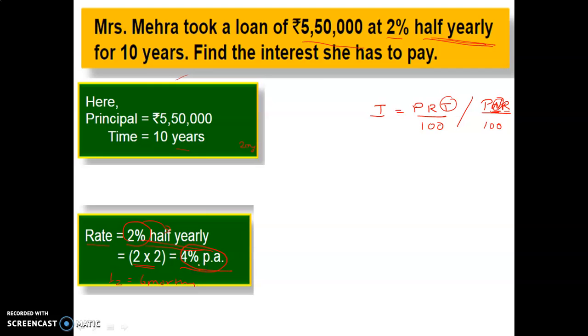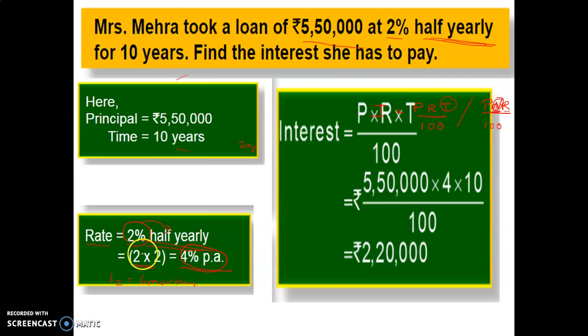Is it clear, children? So they calculated the interest using the formula PRT by 100: P is 5,50,000, R is 4, not 2 as given in the question. Hope you understood why it has been changed from 2% to 4% here. Into 10 years divided by 100. Then simplification, 0 gets cancelled here also.